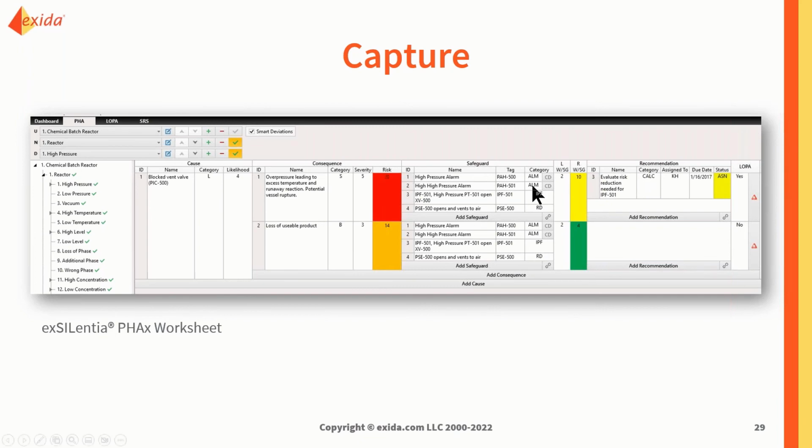Whenever you use this safeguard and you want to use it again on another consequence, you can link that safeguard to another consequence. And these are the identical data point within the software, so any change here is going to affect the other. So everything is linked together, and the data core is right there within one place.